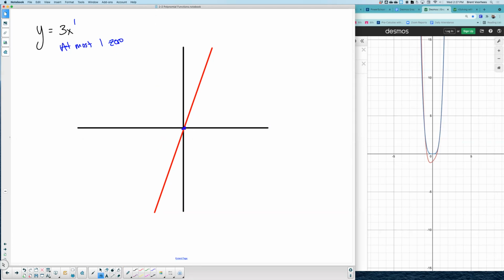Yes, it does, right there. You would have at most, it's always 1 less, 0 extrema. So will a line ever change directions? No, it's a line. It just continues on. It never changes directions. So it would have 0 extrema.